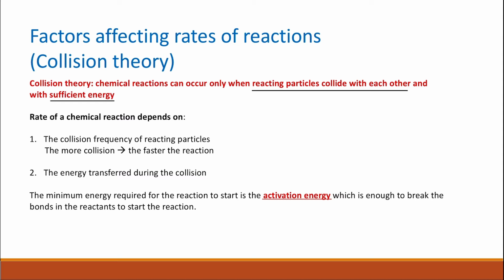Remember that there is always a minimum energy that is required for the reaction to start, and this is called the activation energy. Activation energy is the minimum amount of energy needed, which is enough to break the bonds in the reactants to start the reaction.